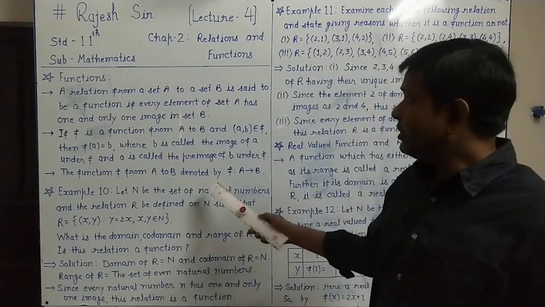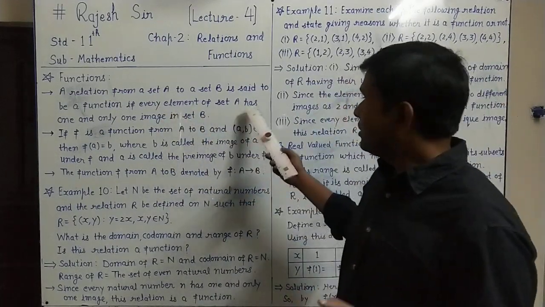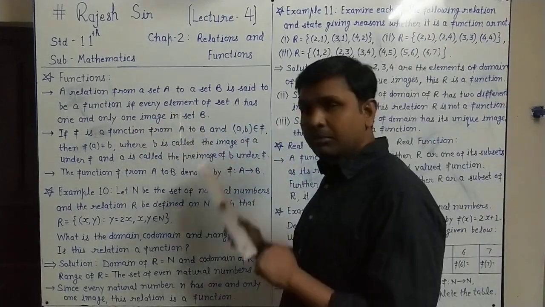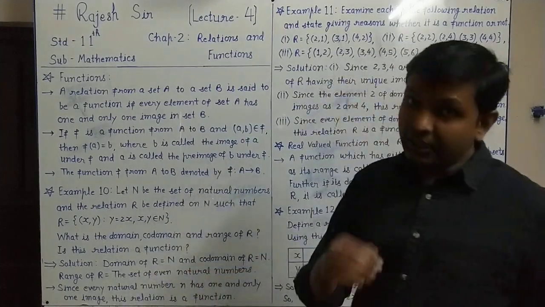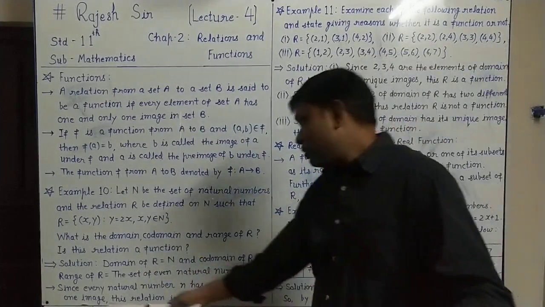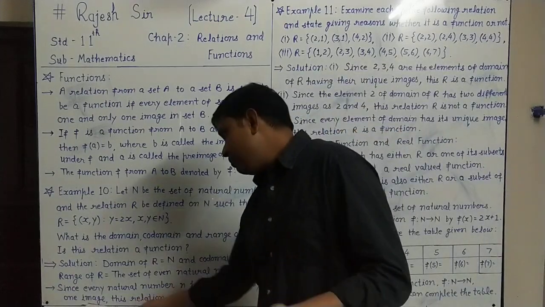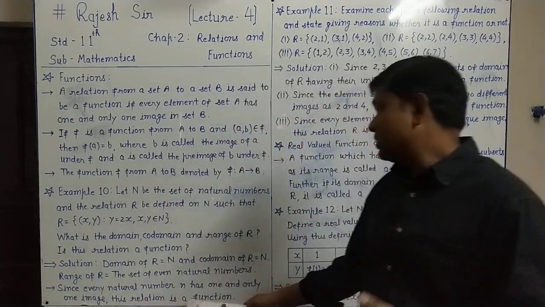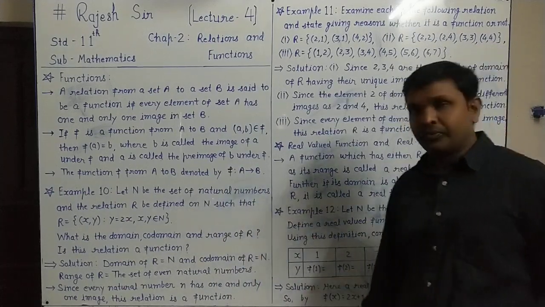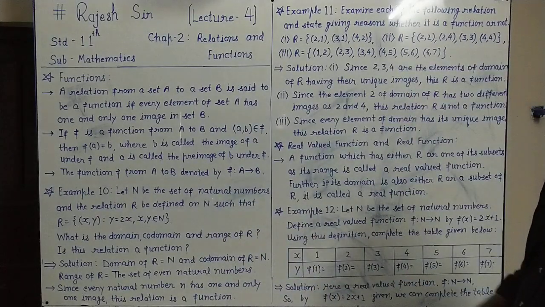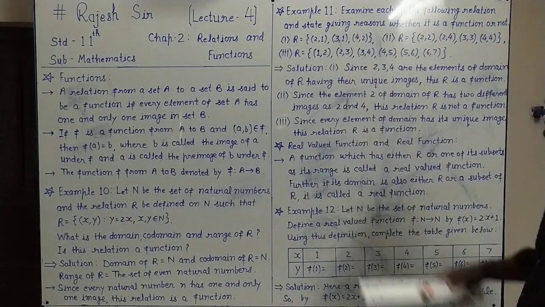So by the definition, every element of set A has one and only one image in B, so this relation is a function. Yes. Since every natural number has one and only one image, this relation is a function.